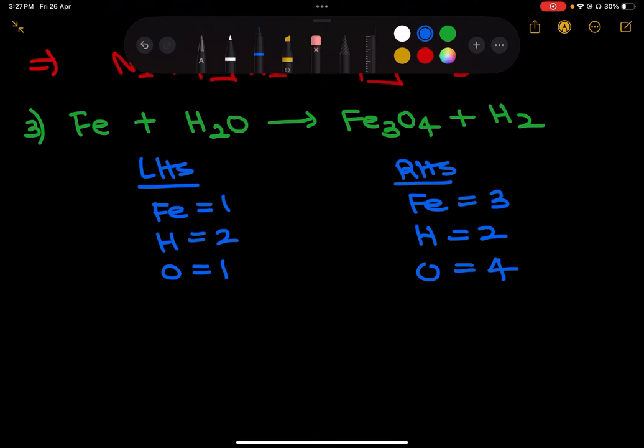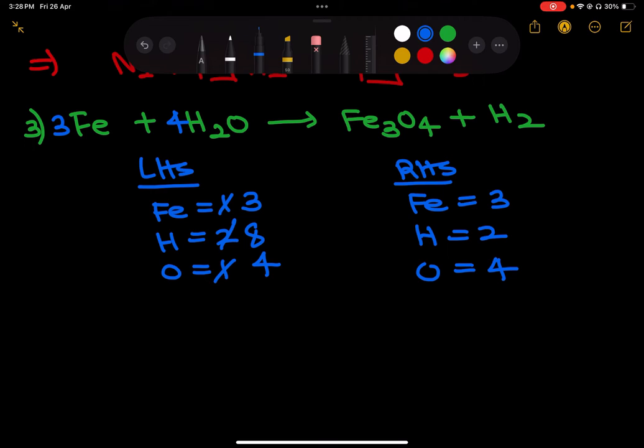So first of all, balance Fe obviously. So here we have to put a 3. So we get 3. Now you can see that hydrogens are already balanced. We have to just balance the oxygens. So to balance the oxygens, here we have to put a 4, right? So we get a 4 here. But now if this changes, so does hydrogen. So we get an 8 here, right?